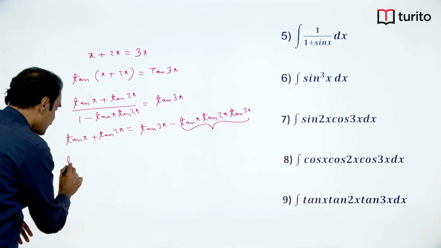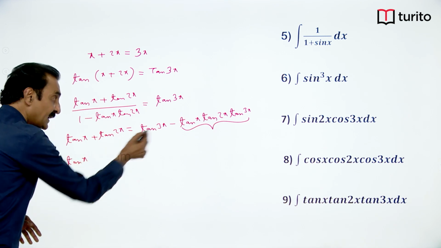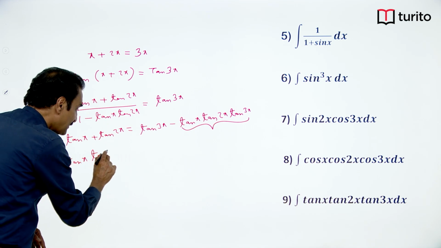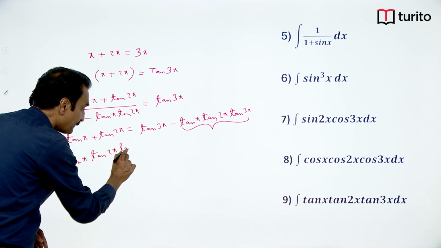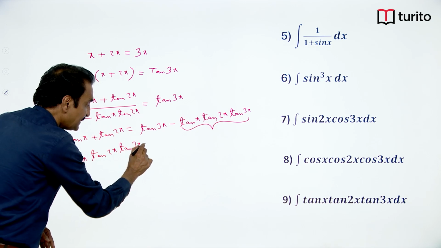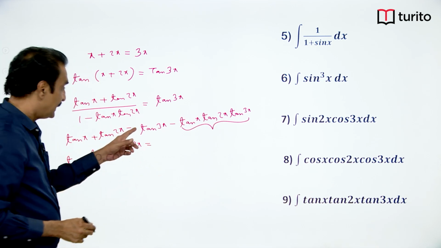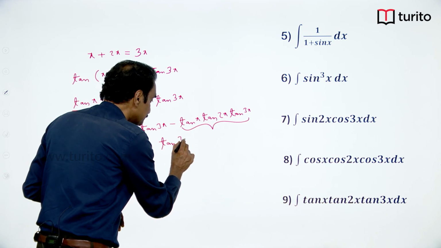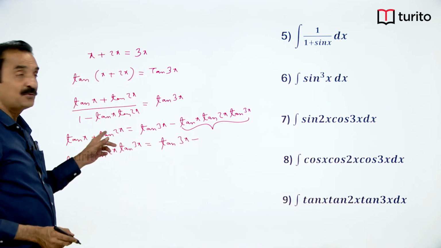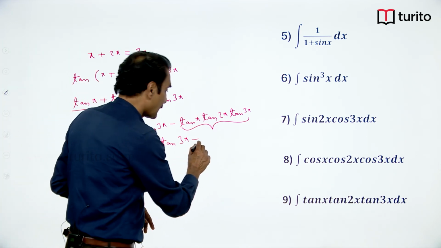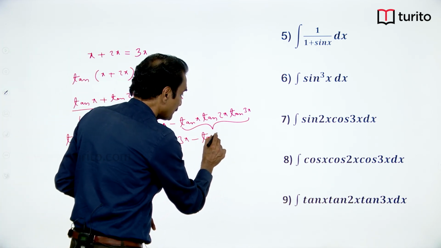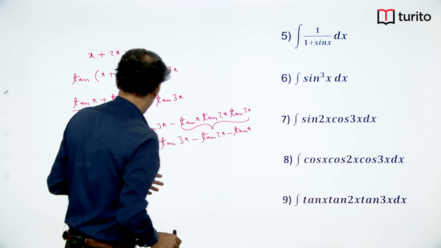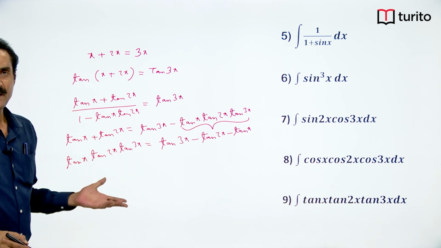It is tan x into tan 2x into tan 3x is equal to tan 3x minus tan 2x minus tan x. Right. Now, integrate on both sides.